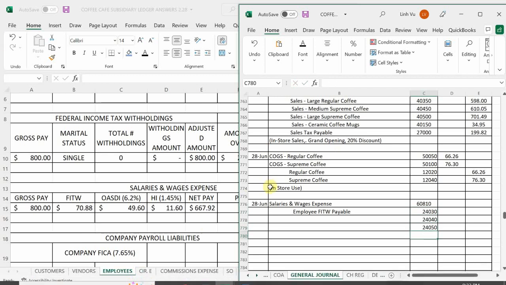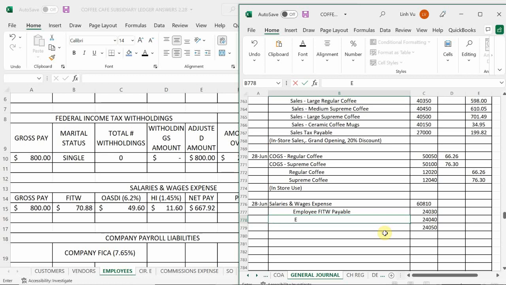Okay, so we got the employee FITW payable, we got the employee Social Security payable, and we have employee Medicare.